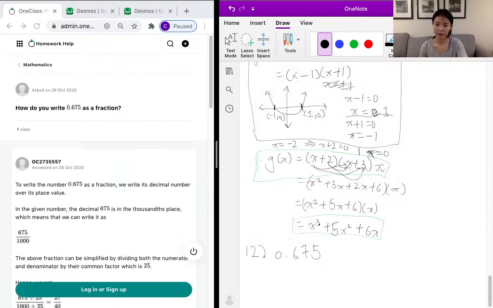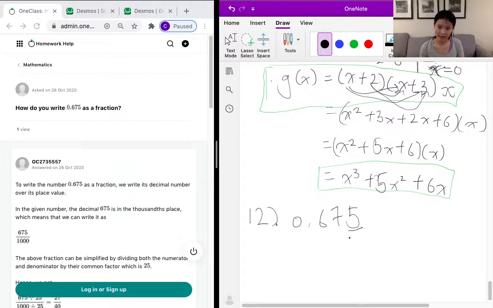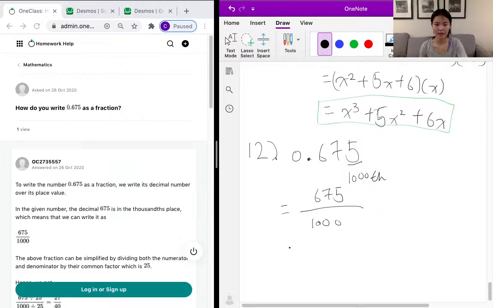Again, in this case it's the third decimal place, the thousandths place, and we just need to put 1,000 as the denominator of the fraction, and we write everything to the right side of the dot on top as the numerator. Next, we just simplify it. Again, their common factor is 125. That's the greatest common factor of the numerator and the denominator.